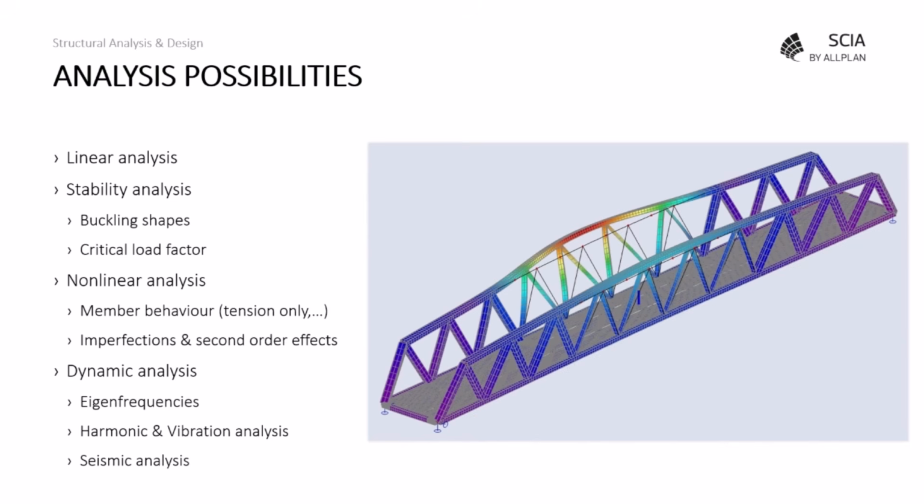For the imperfections, you can define a fixed value, or you can let SCIA Engineer calculate the imperfection value with formulas from the code, or even apply the buckling shape as an imperfection coming from the stability analysis.